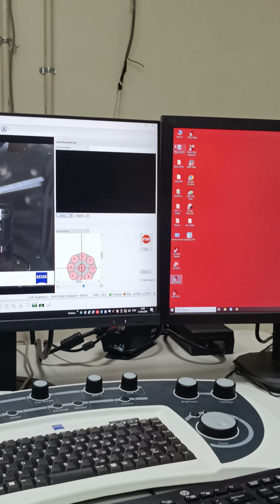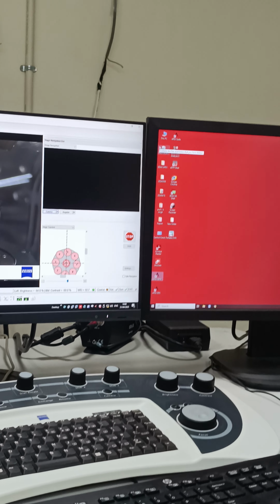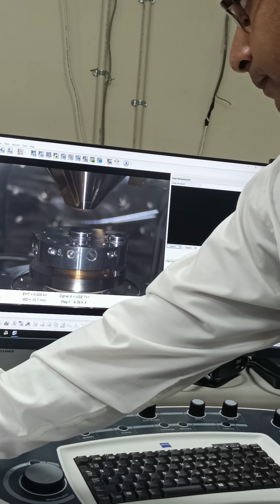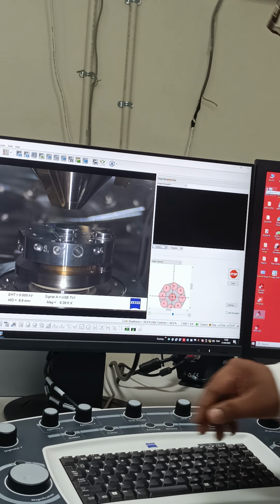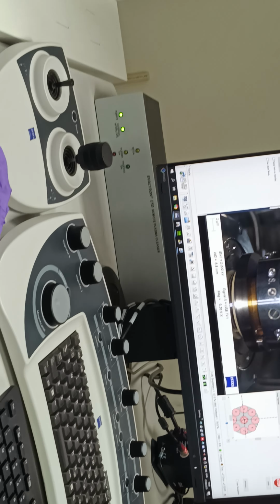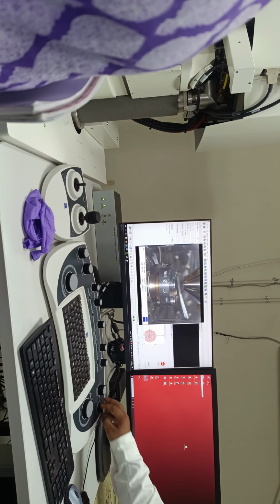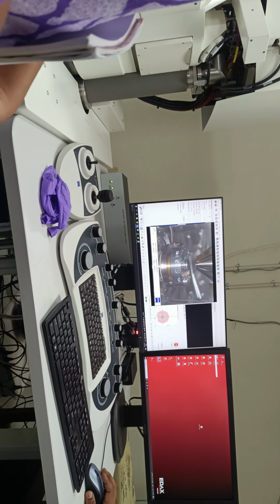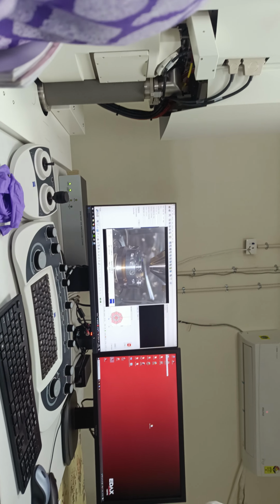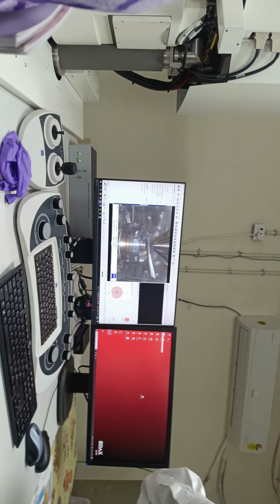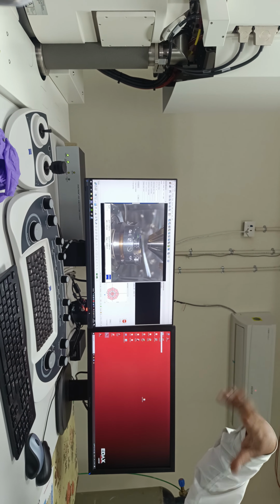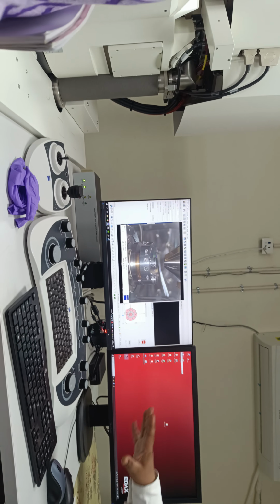And this is your sample holder. This is your stage. Maybe tomorrow, if you are there during sample exchange, sometimes you can get to see it, or otherwise I will just show you.